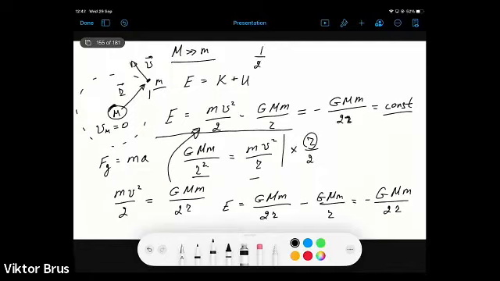1/2 m v initial squared minus G M m divided by r initial. So let's say we had an initial velocity and initial radius.